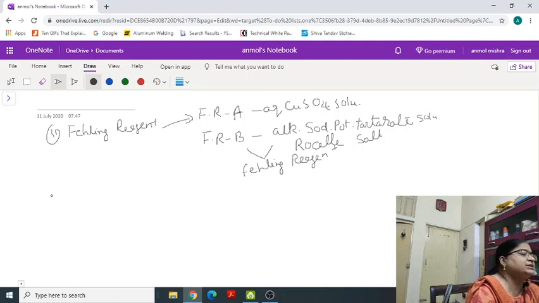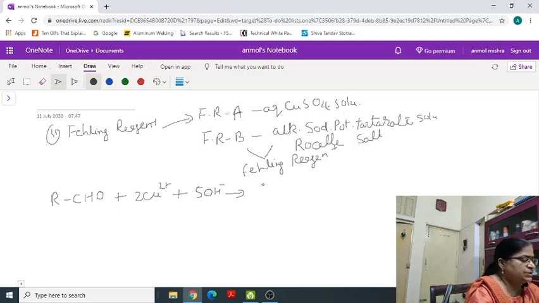When Fehling reagent is added to an aldehyde, it forms a reddish brown precipitate of Cu2O.